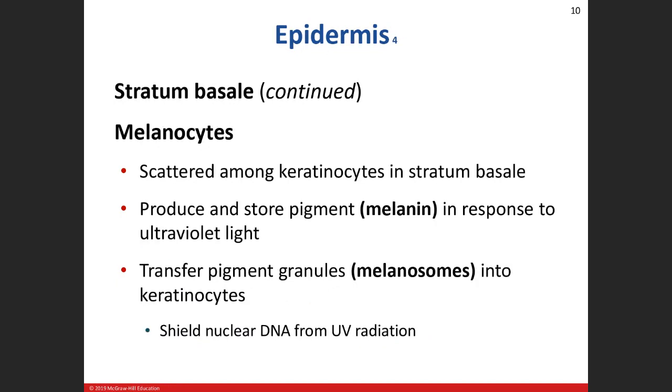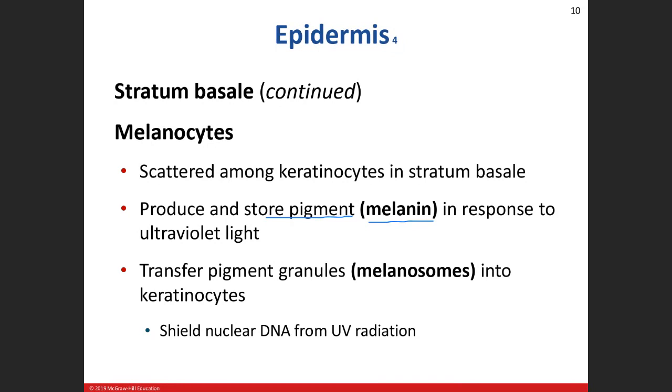The next cell is going to be our melanocytes. Their job is to make melanin, and they'll also store that melanin, because when they're exposed to ultraviolet radiation, they will share that melanin with neighboring cells.